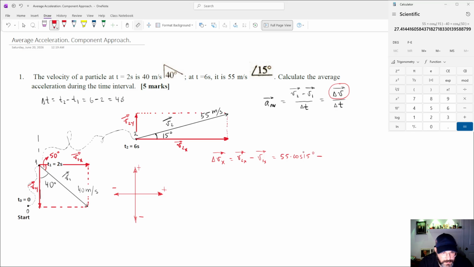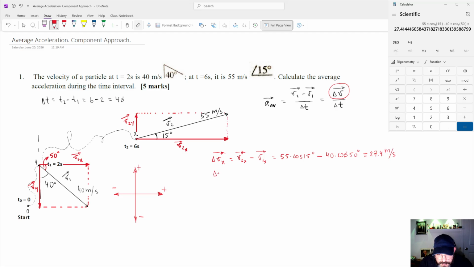Then minus, that component is positive since it's pointing to the right, and that minus comes from this difference. And this is 40 multiplied by cosine of 50 degrees. So it's 55 multiplied by cosine 15 minus 40 multiplied by cosine 50. This is 27.4, so this is equal to 27 meters per second. Okay, so this is good.